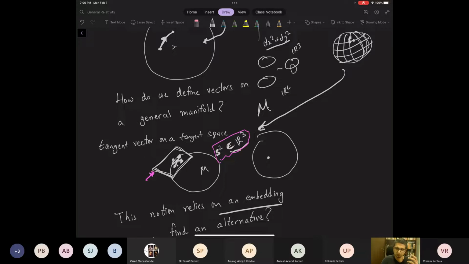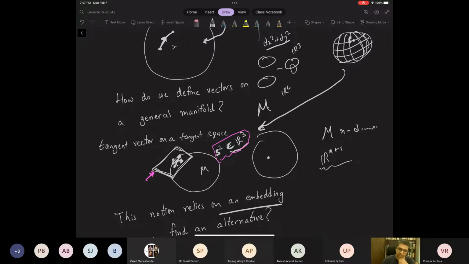But you might want to not think about embedding, because not every topological space can be embedded inside a higher dimensional space. If I'm trying to embed an n-dimensional space, it's not necessarily true that I can embed it in R^(n+1).